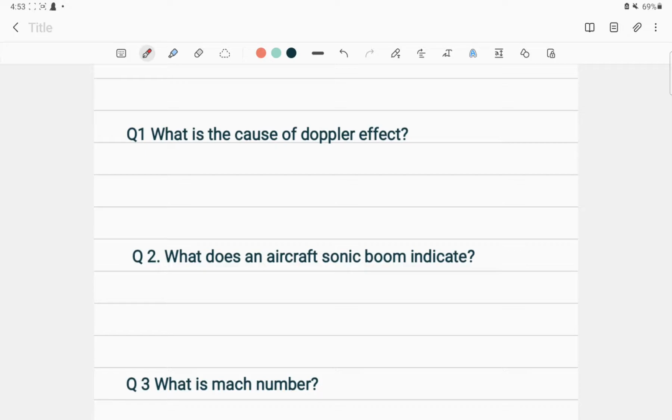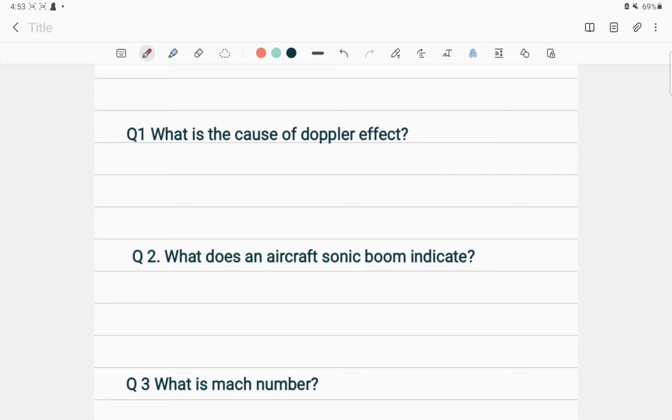That is called Doppler effect. There is change in frequency, perceived frequency or wavelength because of the relative motion of source of sound and observer.